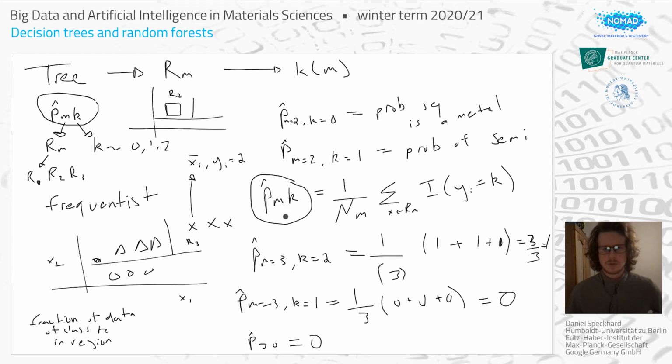And that's what we're really doing here. So for region 3, all of the data in region 3 belong to this insulator class, and that's why the estimated probability was 1, and the other probabilities were 0, since they had 0 fraction there.